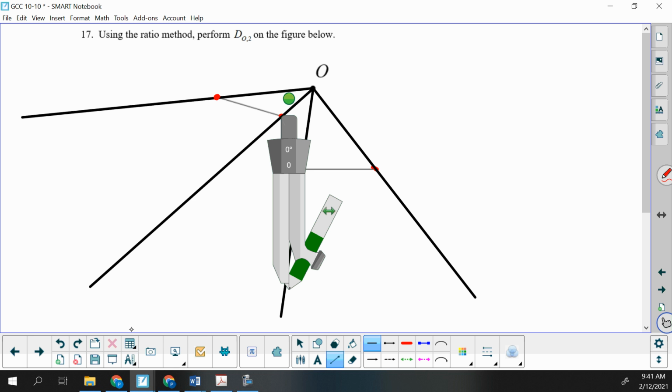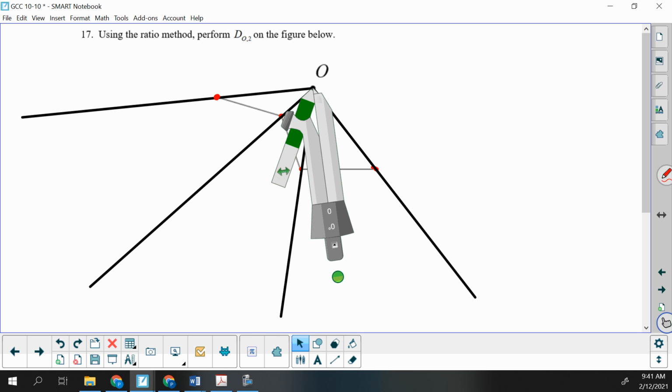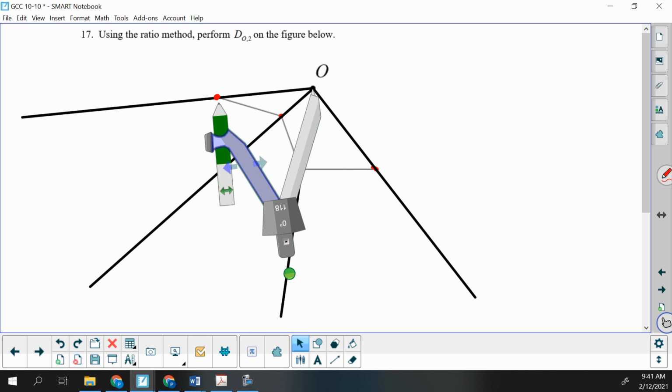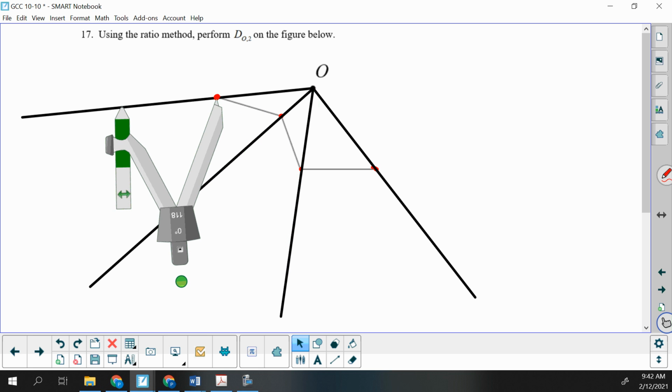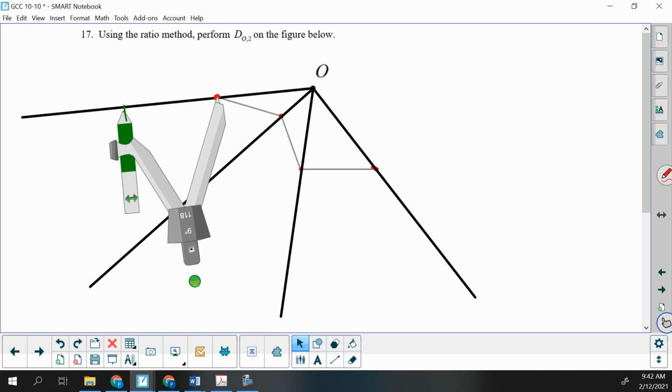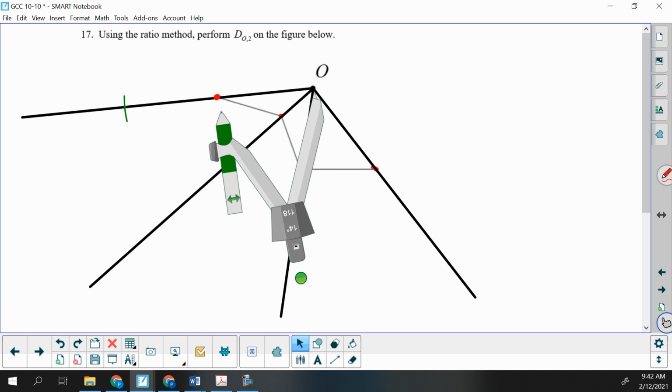And we'll take out our compass. Measure from O to your point. We want 2 of them, so we need 1 more. So we'll have that point as our next point.